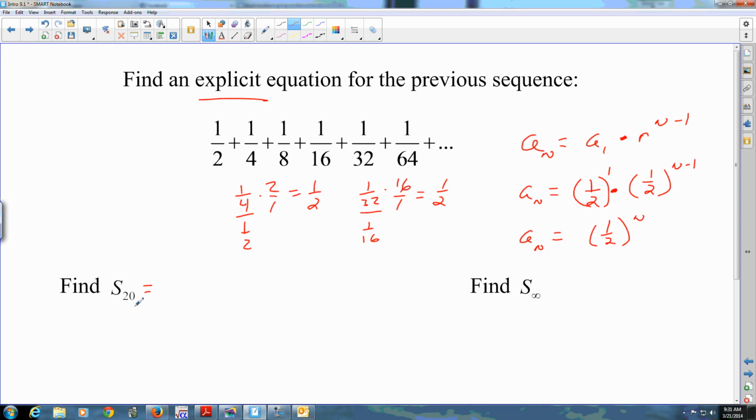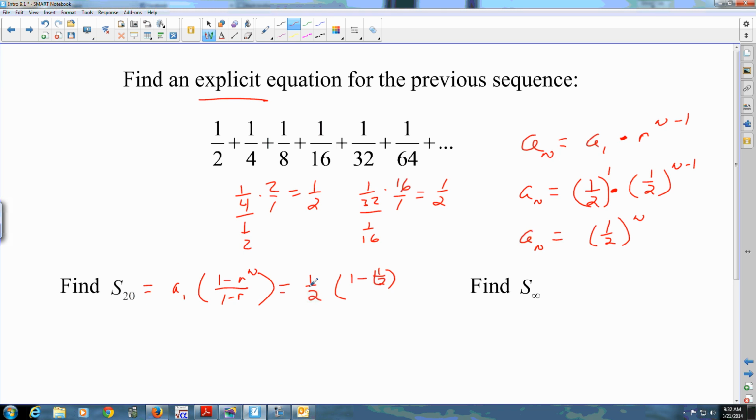Now, you want to add up the sum of the first 20 terms. So that's going to be the formula, a sub 1 times 1 minus r to the n over 1 minus r. So the first term, even if we didn't have this formula, is a half, times 1 minus the common ratio, which is a half, and I'm going to raise that to the nth power.